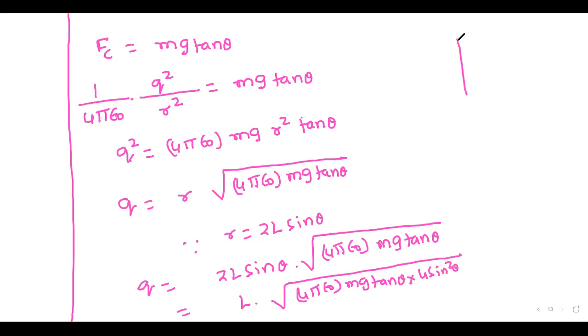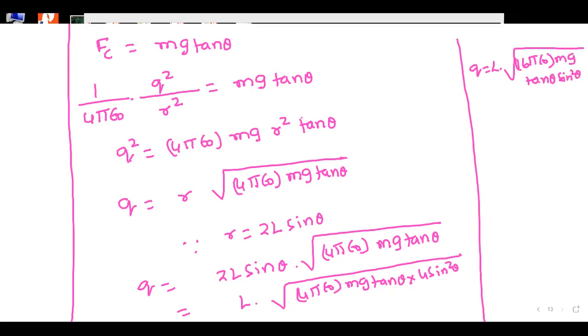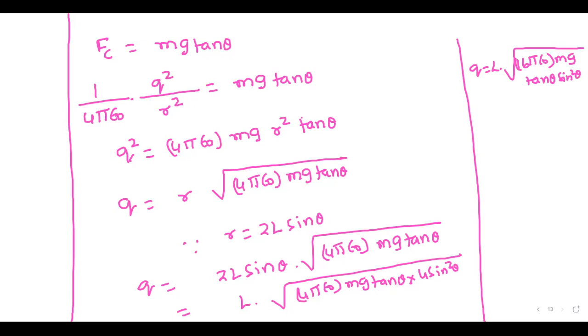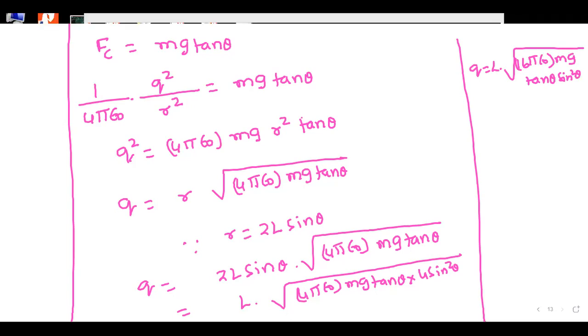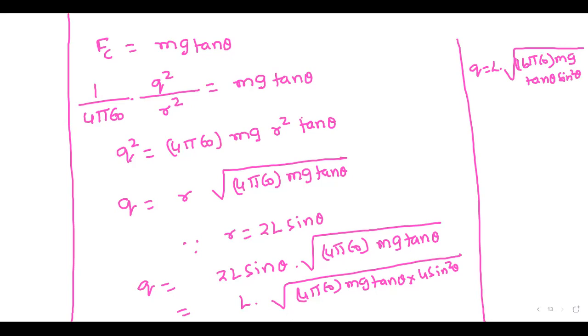That is nothing but q equals L times under root 16 pi epsilon naught mg tan theta times sine square theta. Is it fine? Okay. Next question.